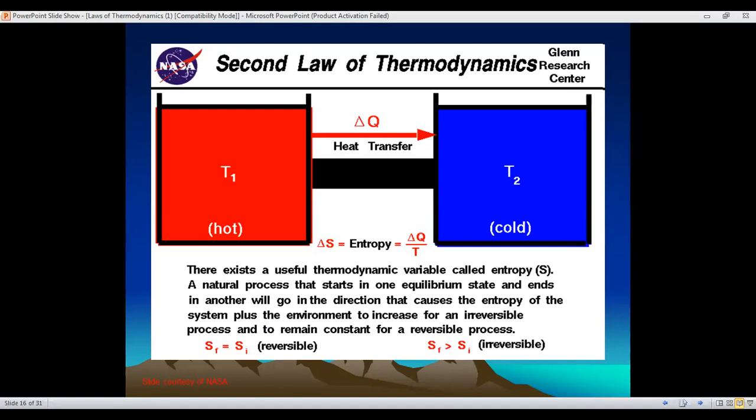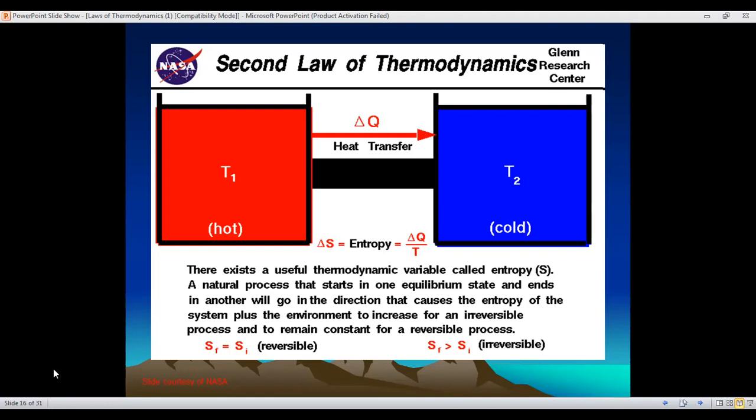If the initial entropy is less than the final entropy, then this is an irreversible process, so the process can't be reversed. But when the final entropy equals the initial entropy, that is a reversible process, so we can reverse it.